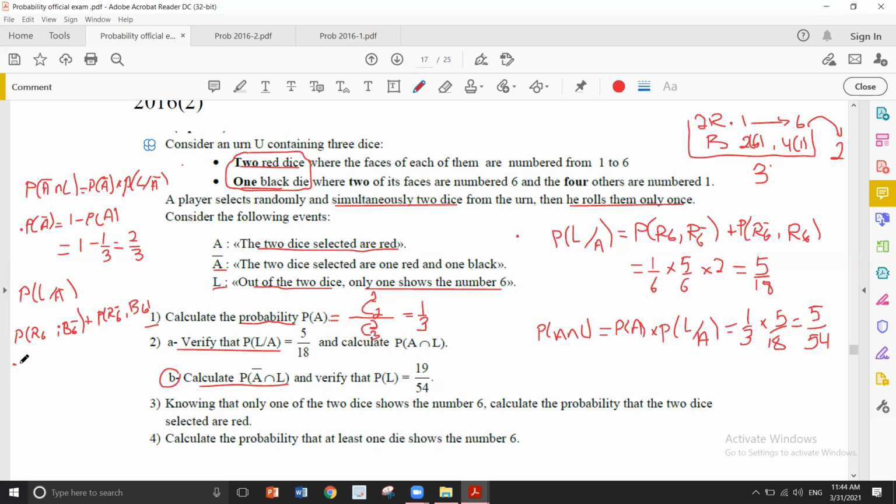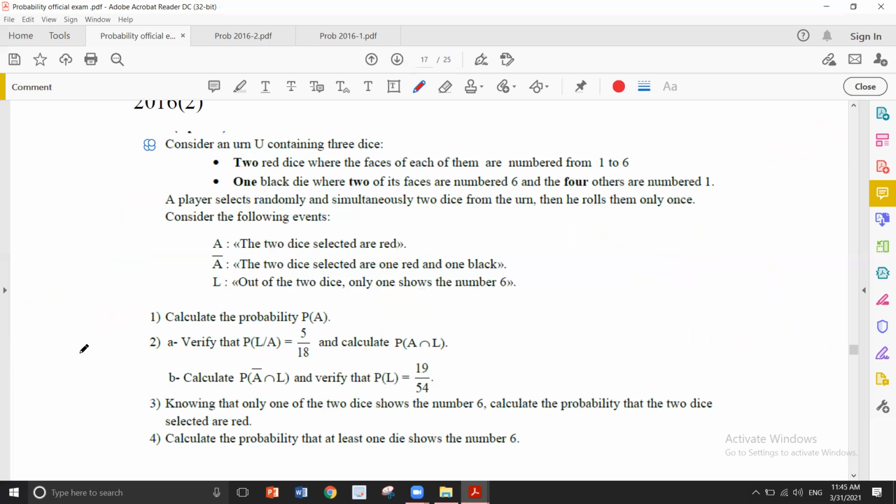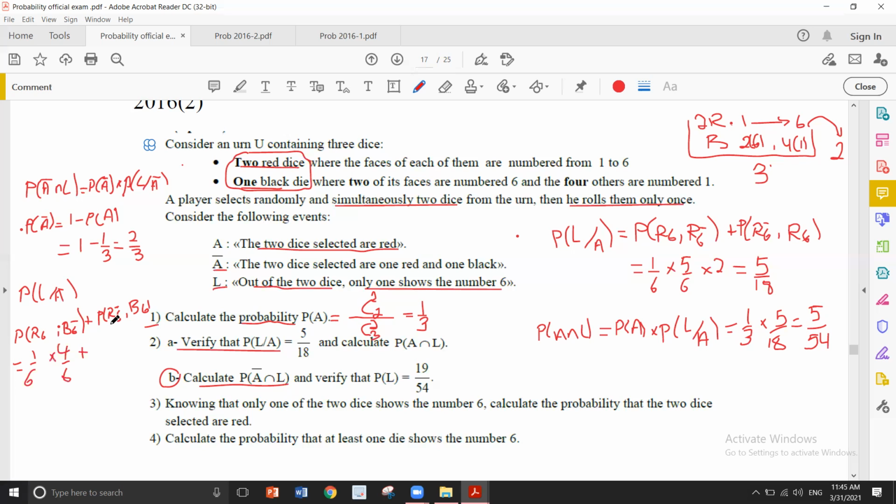What is the probability that the red die shows 6? 1 over 6 times the black one does not show 6, 4 over 6, plus the red one does not show 6, 5 over 6, the black one shows 6.